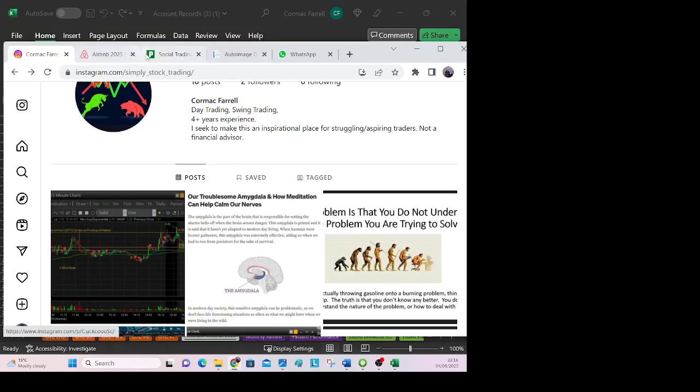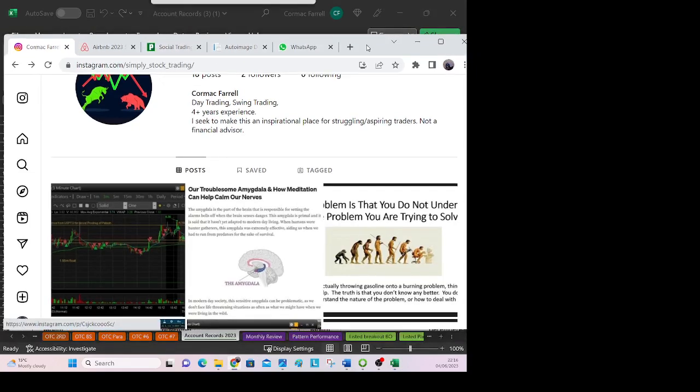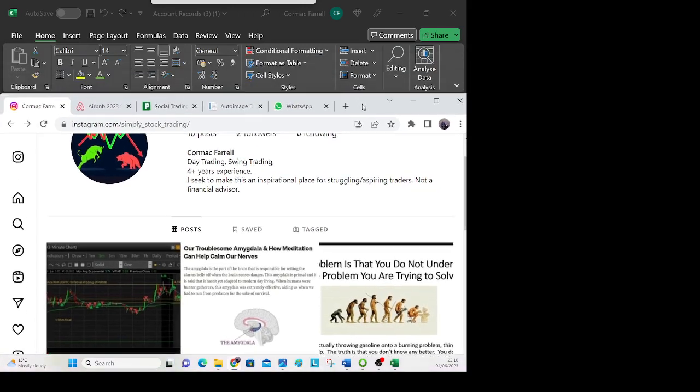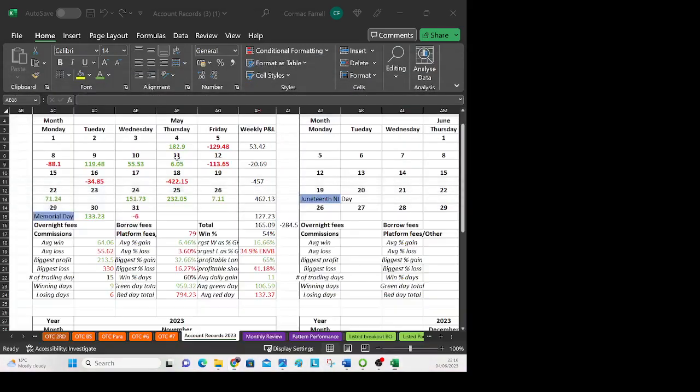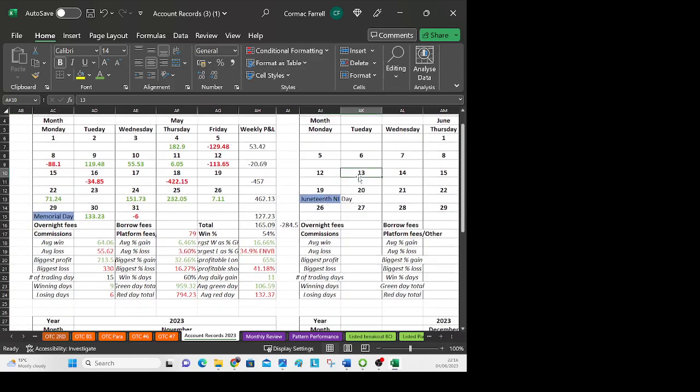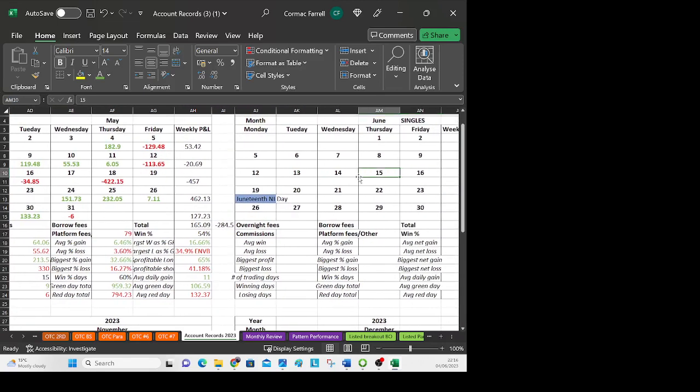If you lose 3 trades in a row, the 4th time you might think, oh my god, this has to be a winner, but it could be just another loser. So you have to be able to deal with that and take that loss again. Most people aren't really able to do that. But I'm learning how to do that, and I'll keep the faith and take my singles in June.